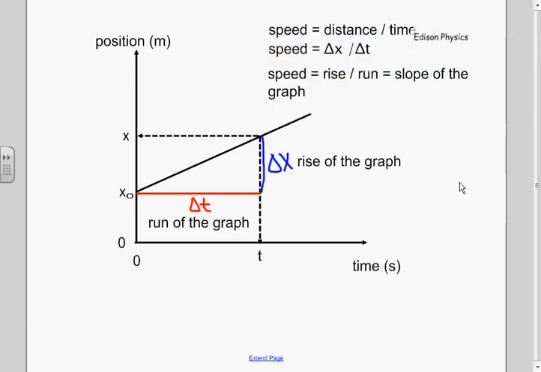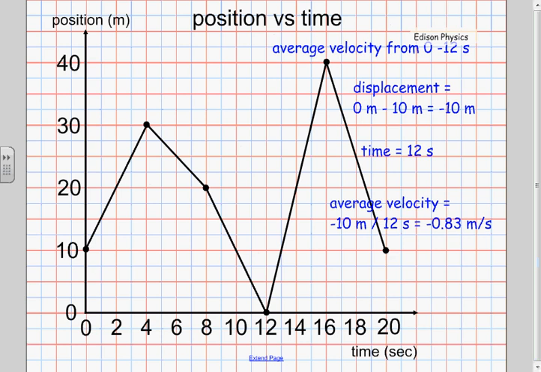So when we define speed as distance over time, or velocity as displacement over time, what we're really talking about is slopes on graphs. And so another way to define these quantities is to say they're the slope of a position versus time graph. Now if you go back and think about what we did on these previous questions, there's no line connecting 10 meters and 0 meters.